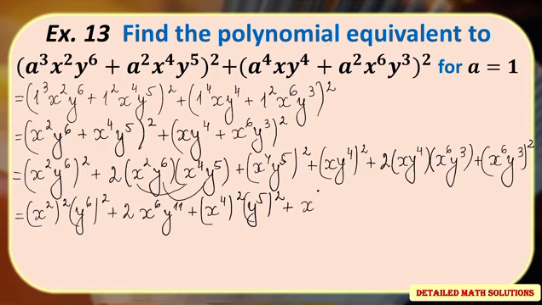x squared y to the 4th in parentheses squared plus, again, for this next term I need to multiply x with x to the 6th power and y to the 4th with y to the 3rd power.